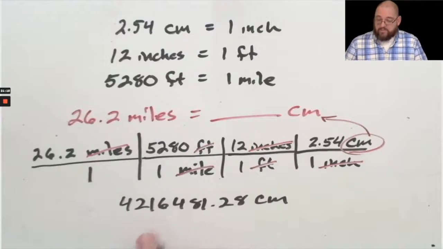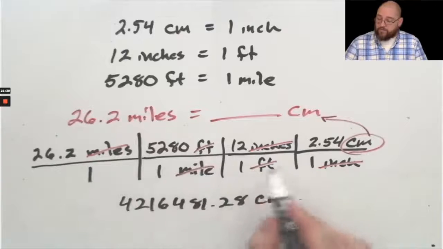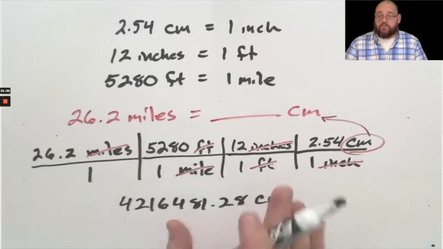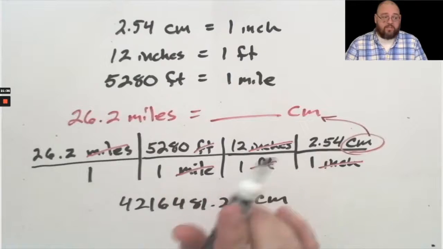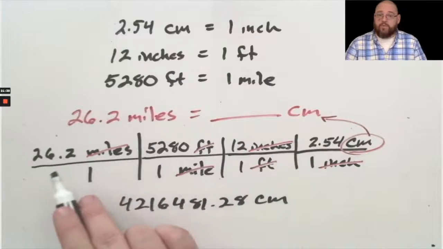But this is not the correct answer based off of what we've been learning. So we know that we have to round this answer to the proper number of significant figures. And again, one more time, our conversion factors are all considered constants or multipliers. So we ignore their significant figures, and the only significant figures that matter are the number we started with.